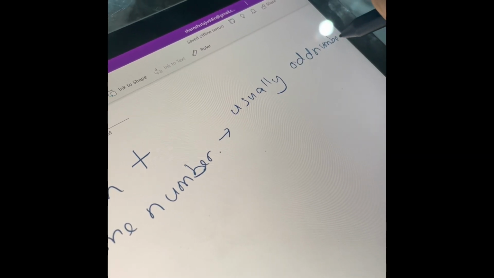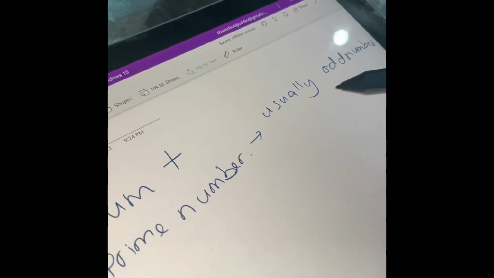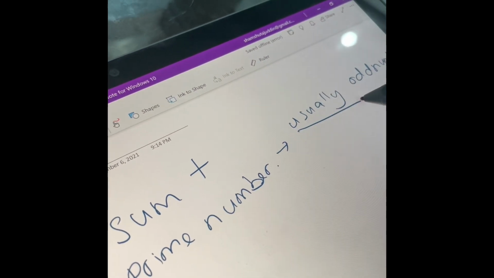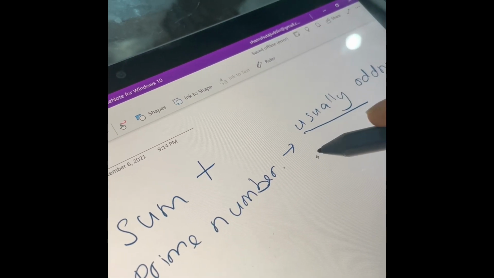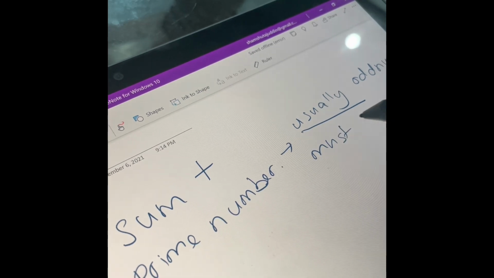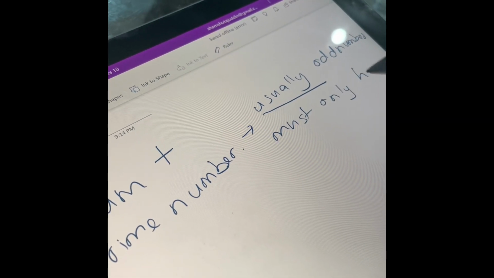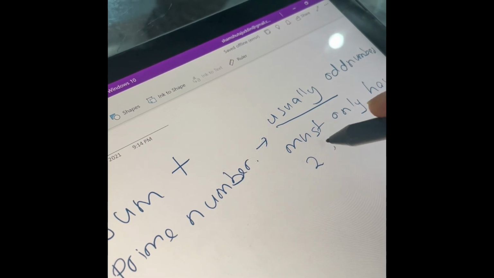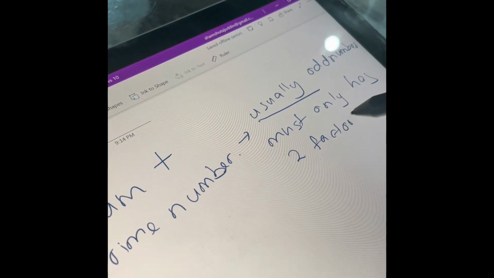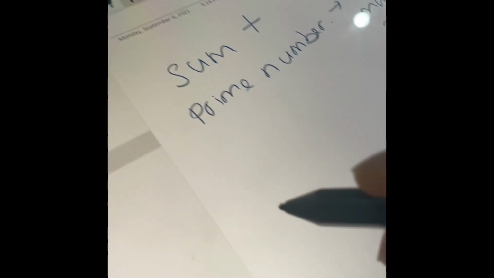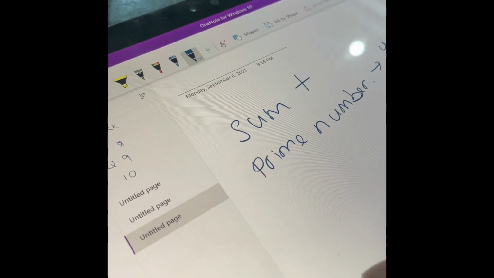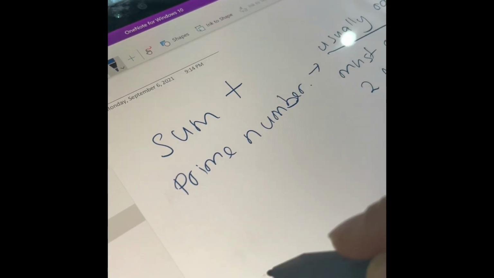But not all odd numbers are prime numbers. And this is only usually. And it must only have 2 factors.